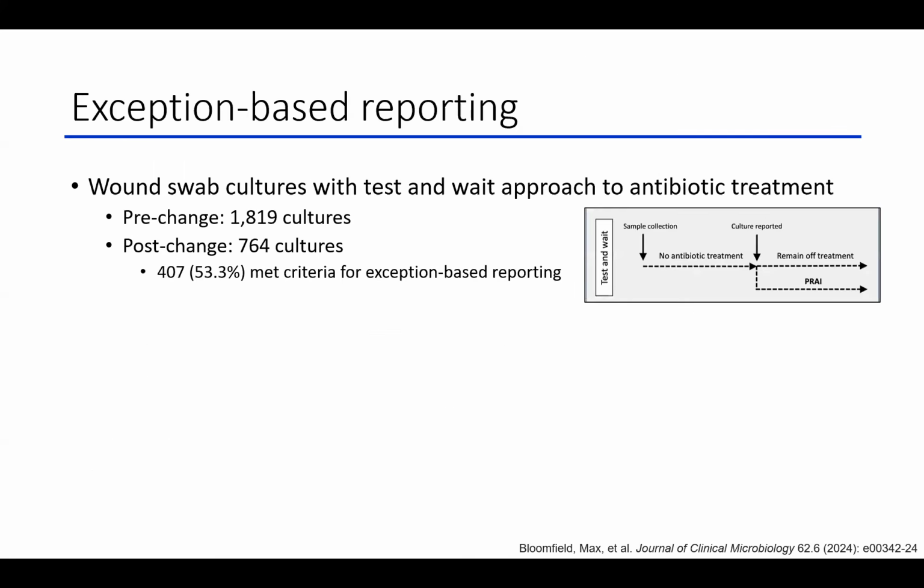So what did it tell us here? So they did a large number of samples, and we're looking specifically at the test and weight approach. Pre-change, they had about 1,800 cultures, and post-change, when they implemented exclusion-based reporting, they had about 700 and some. And out of the 700 cultures, about 53% met that criteria for exception-based reporting.